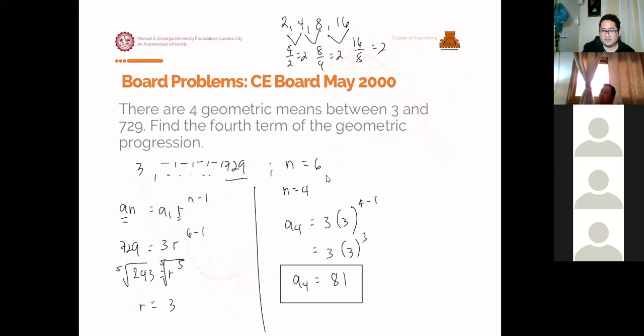Ano po yung progression niya? Yung 3, ano yung susunod na number? Gamitin mo yung formula. Ang sabi, may 4 geometric means. So, may 4 numbers between 3 and 729.